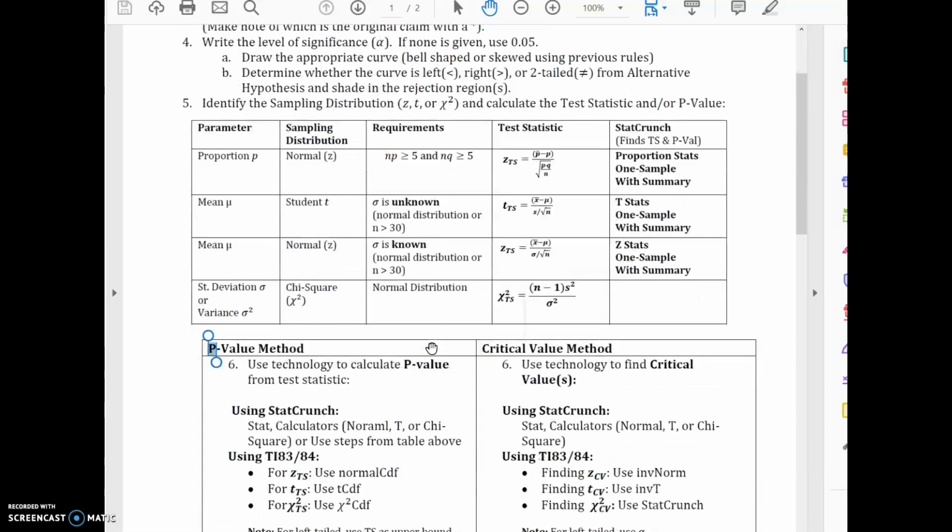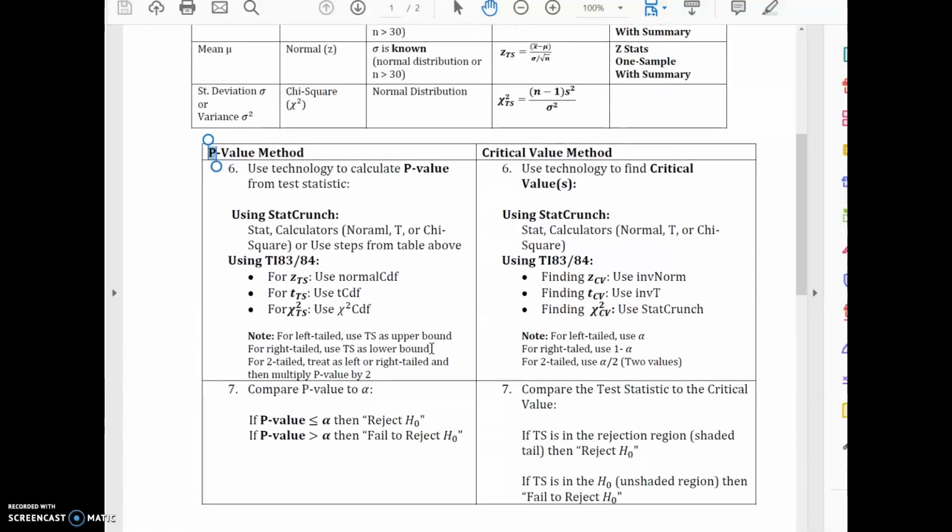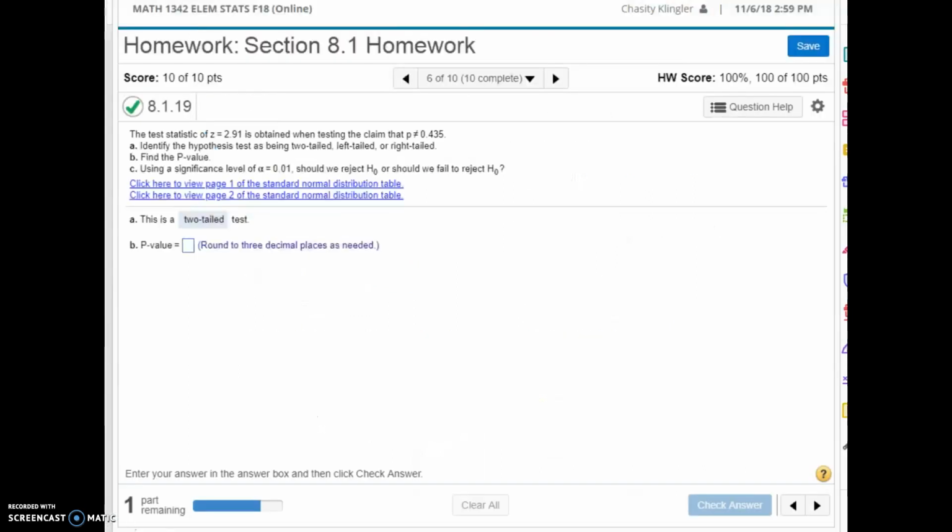So you can use the normal calculator on StatCrunch, which is what we did in the last section, where you can use your calculator to find the probability. There's a few things I need to point out to you, mostly because this is two-tailed. But they do give us our test statistic. It's 2.91. That's what you're going to use in your StatCrunch.